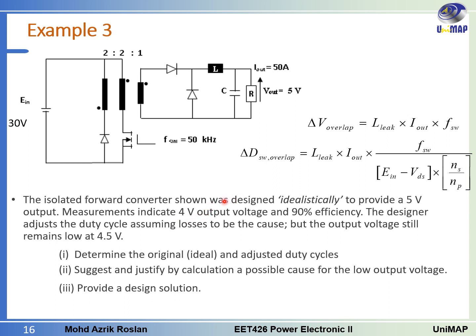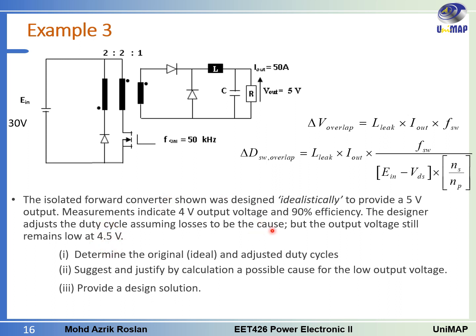So remember that the designer measured the output voltage to be 4 volts, so they think that this might be due to the efficiency issue. So they adjust the duty cycle to compensate for the efficiency, but the output voltage still remains low at 4.5 volts.